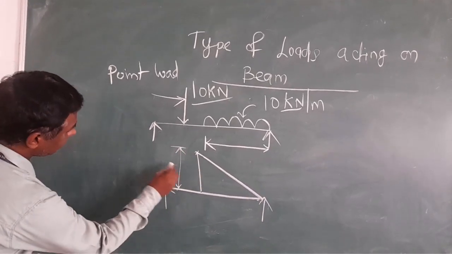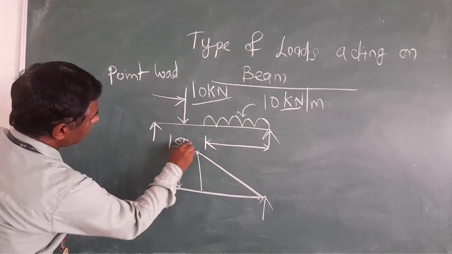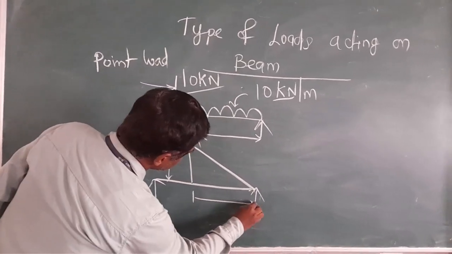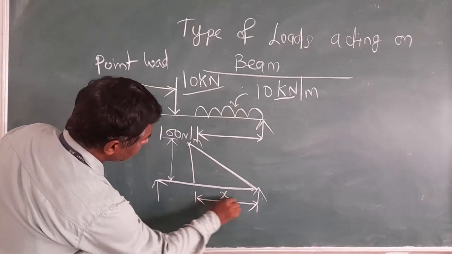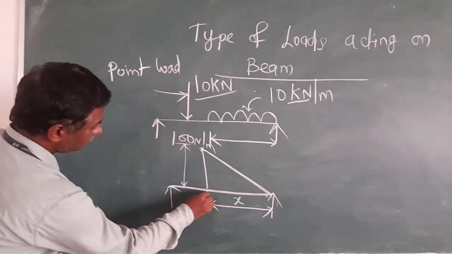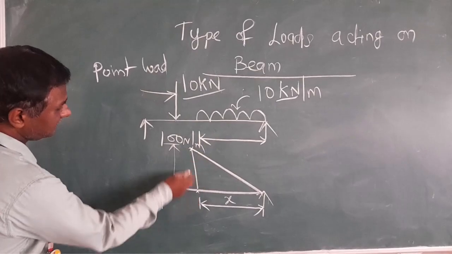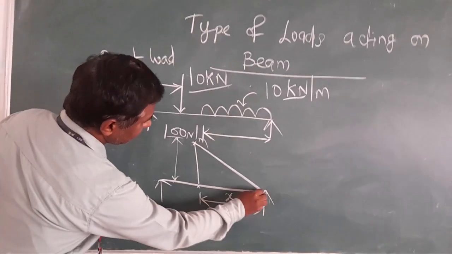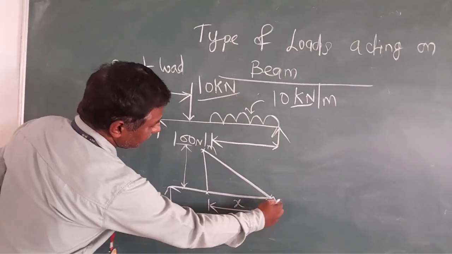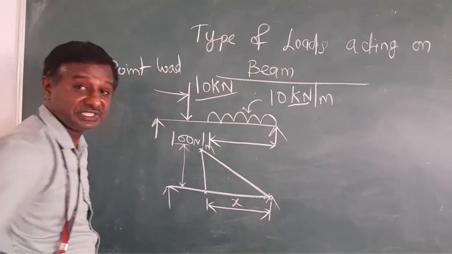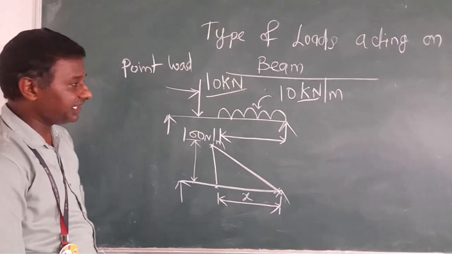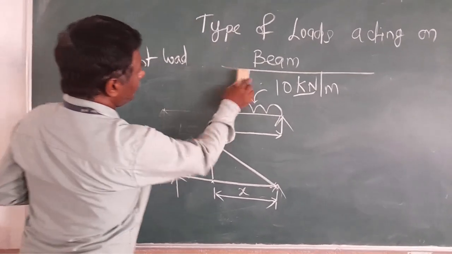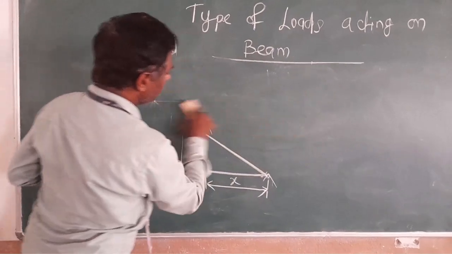Let's take this as about 100 Newton per meter, and for this given length, let's take x as the given length. At this point, the intensity of load is 100 Newton per meter and it goes on decreasing, and at this point, the extreme end, it is 0. That is uniformly varying. Now let's discuss how to find the total load.